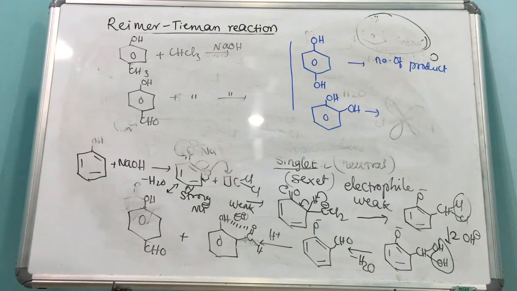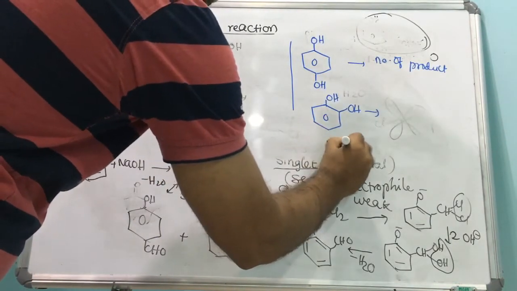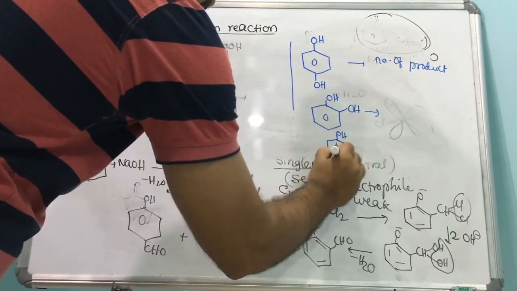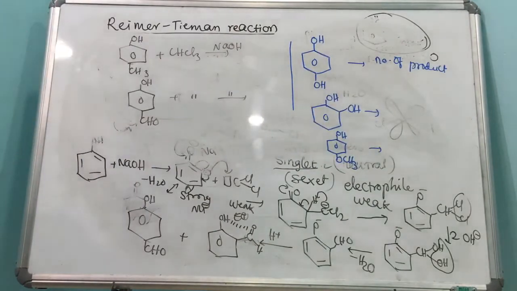And the next question is, if here OH and OCH3, then how many products are possible, we have to answer.